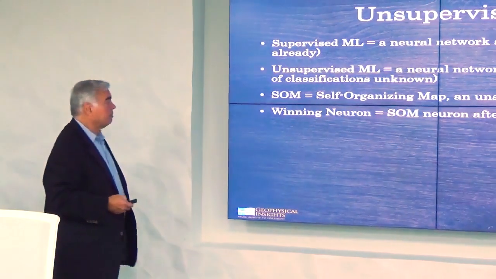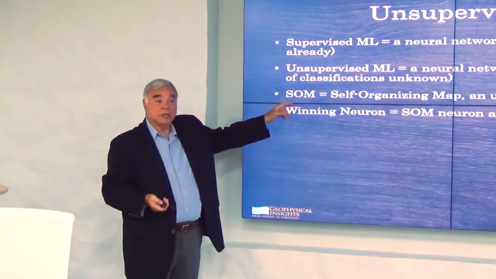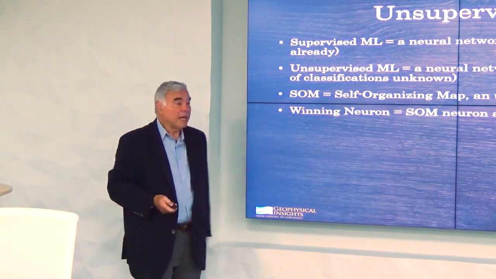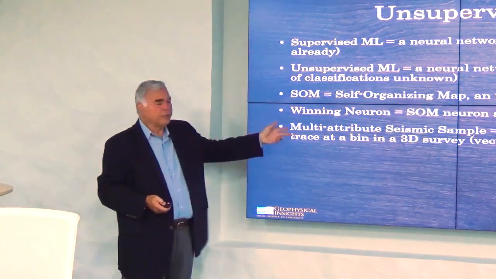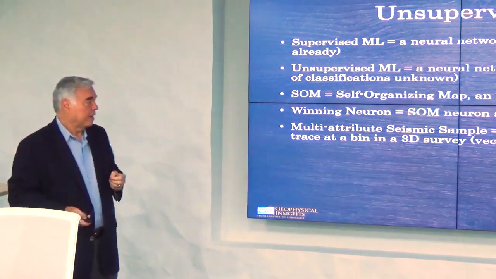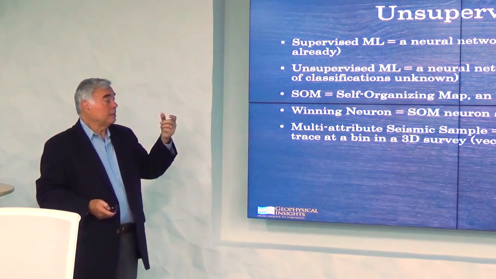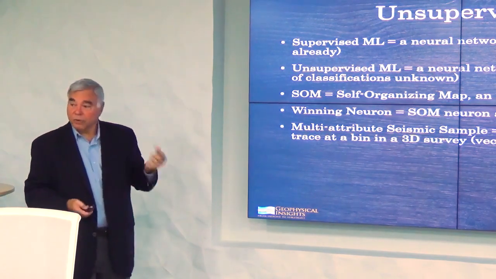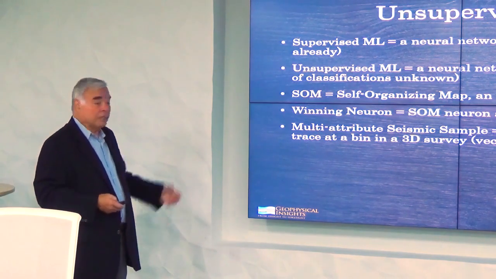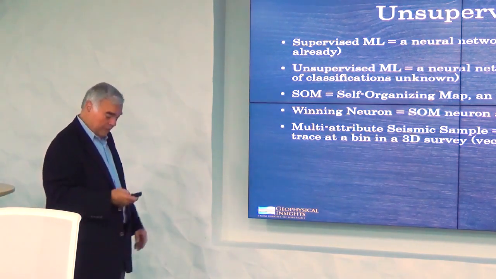And we also have the winning neurons, which you're going to see some examples of in a little bit. Those are the neurons after the training process. Multi-attribute seismic sample is the fundamental unit that we end up classifying. Now, it may be amplitude or some other attributes that we're using. Maybe 2 or 3 attributes, 5 or 8 or 20. As I said, as many as 50.